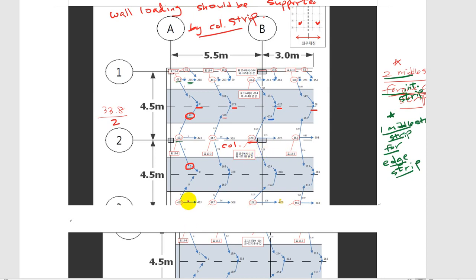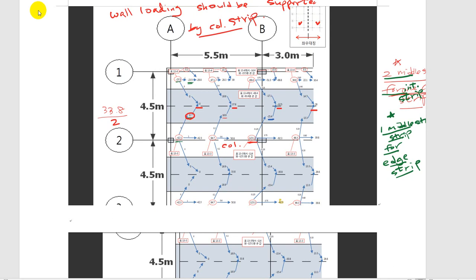Right now, same thing here. So we will design one part of the slab only because the other part of the slab is identical from the center line, since they are both symmetric.